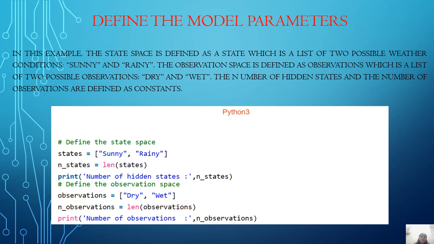Then you're going to define the observation space. So observations here is equal to dry and wet. Then you're going to find the length of these observations by taking a variable n_observations and finding the length of the observations using the len function. Then you're going to print as usual the number of observations and n_observations.